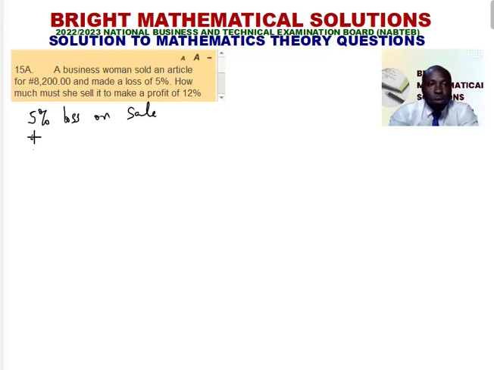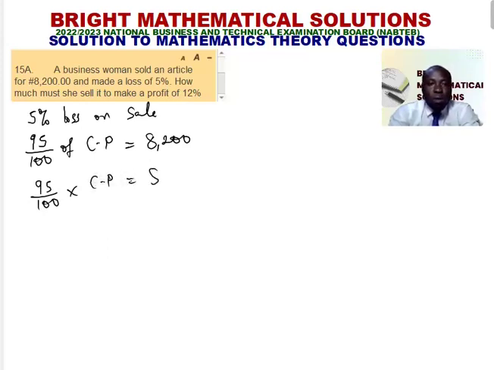That is now 95 over 100 of the cost price equals 8,200, because we are looking for the cost price of that article. So that will now become 95 over 100 multiplied by the cost price equals 8,200.